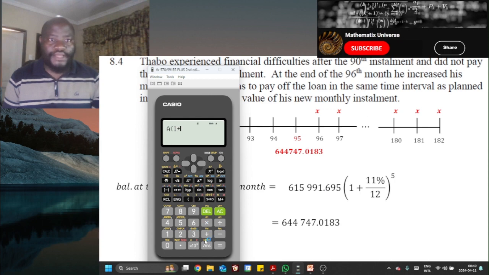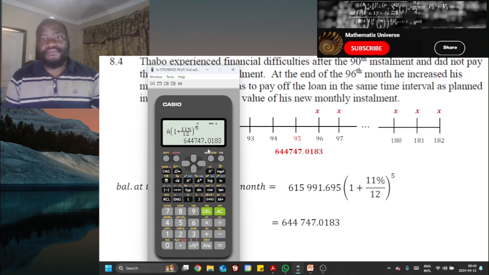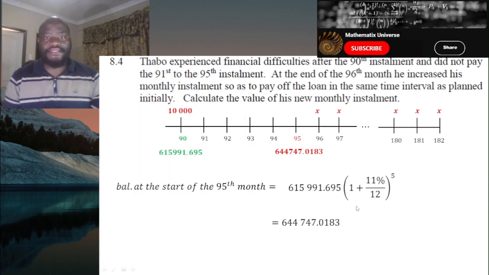So we have 1 plus a fraction of 11% over 12 raised to the 5. This is the amount. Again, I'm keeping the decimals as they are because we're still going to use this amount. Right.